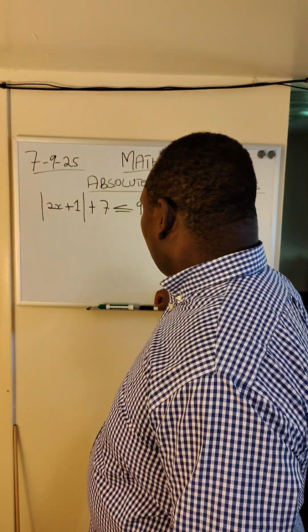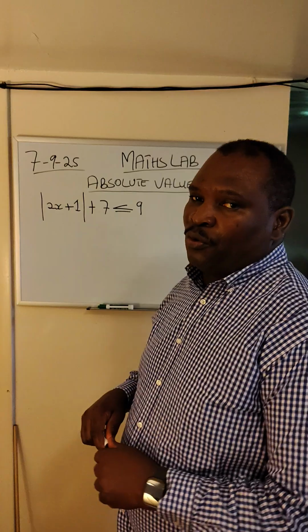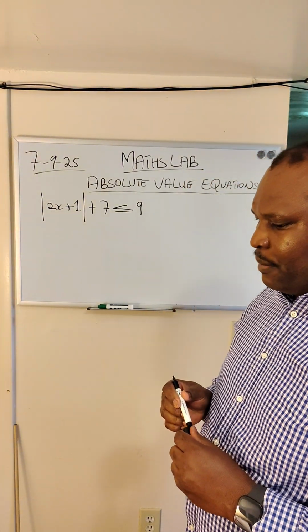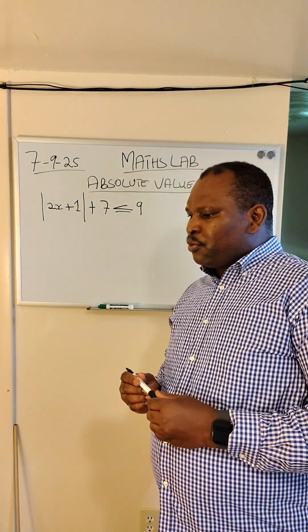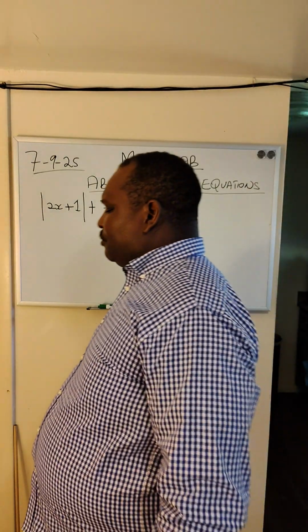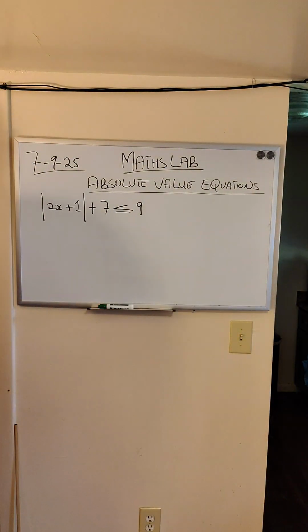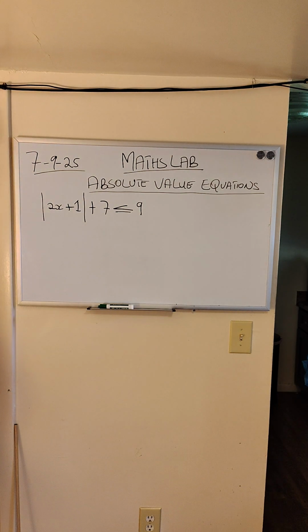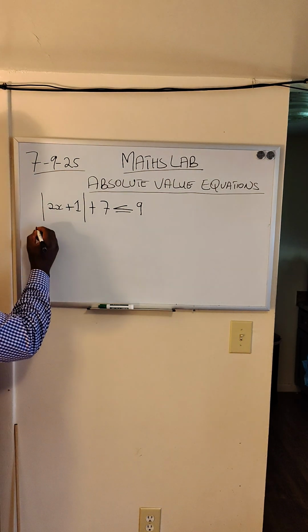So for us to do that, we have to go through step 1. And what is step 1? Step 1 is to take care of the absolute value first. First, isolate the absolute value.